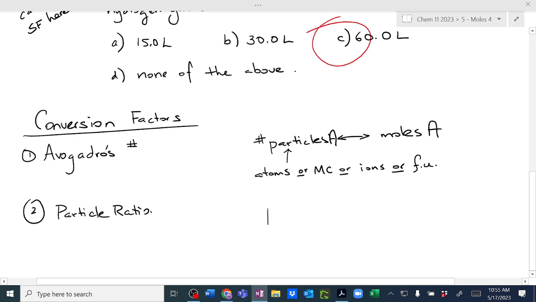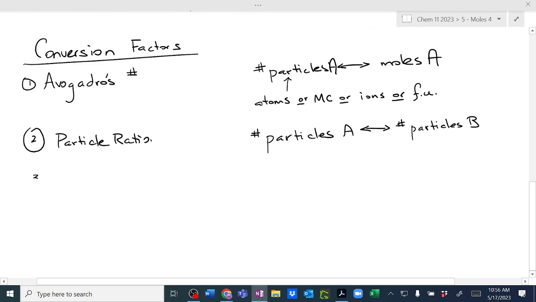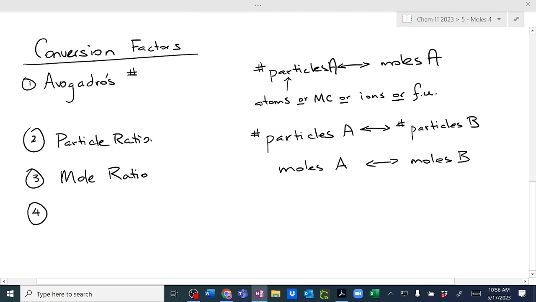That's the number of particles of A converted to the number of particles of B. Mole ratio: we can convert moles of A into moles of particle B. Molar mass.